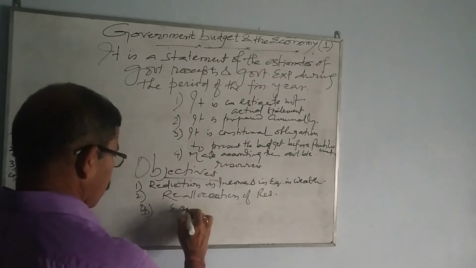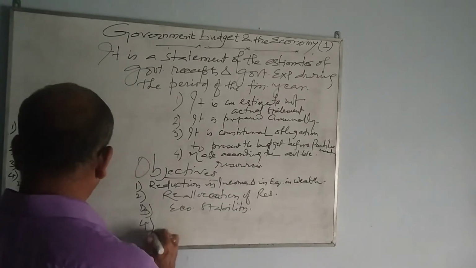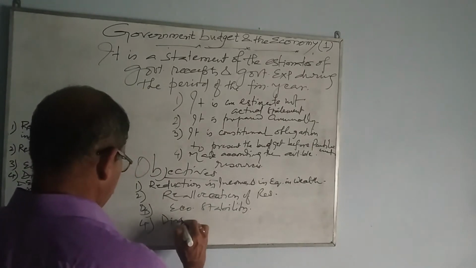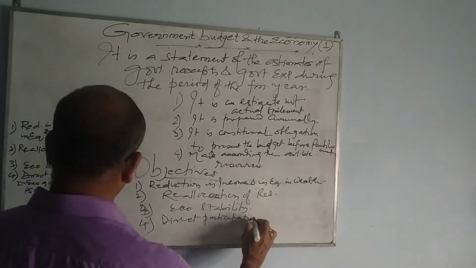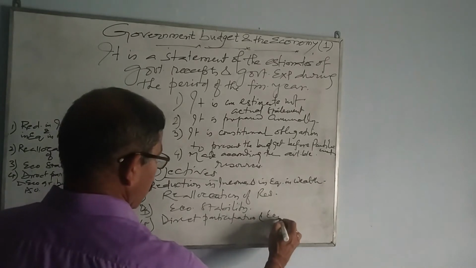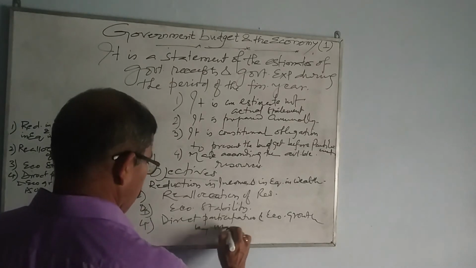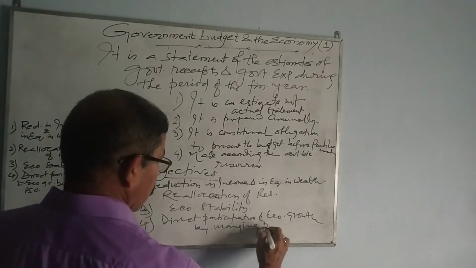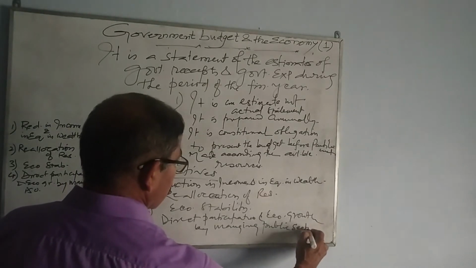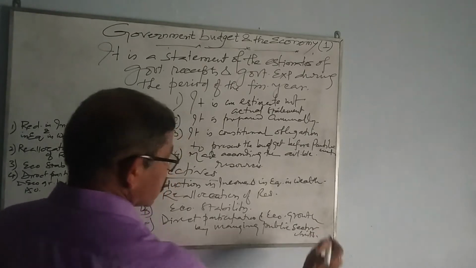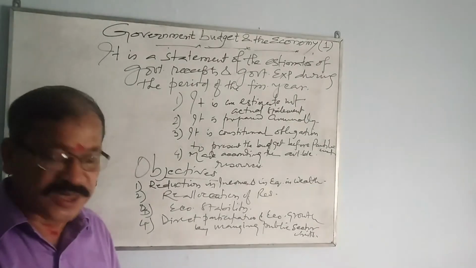Number 3, economic stability. And number 4, direct participation and economic growth by managing public sector units. So basically there are 4 objectives.